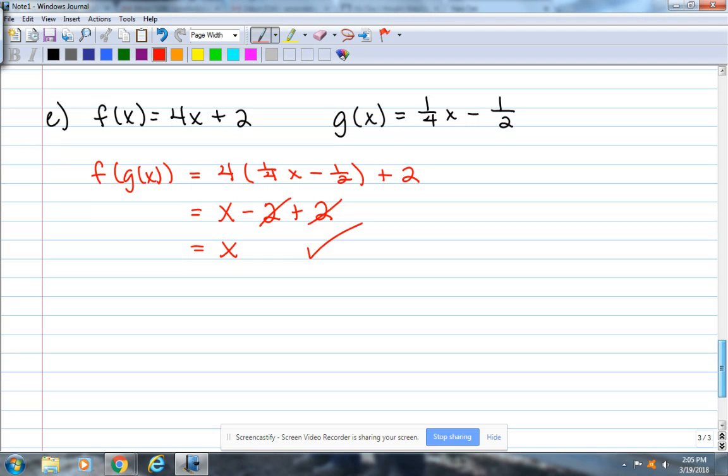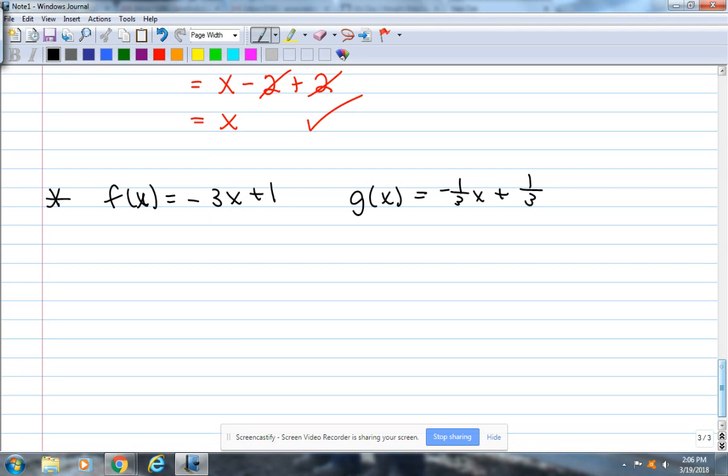You guys get to try this one. f of x equals negative 3x plus 1. g of x equals negative 1/3 x plus 1/3. I want y'all to prove that those are inverses of each other. Compose one into the other one.